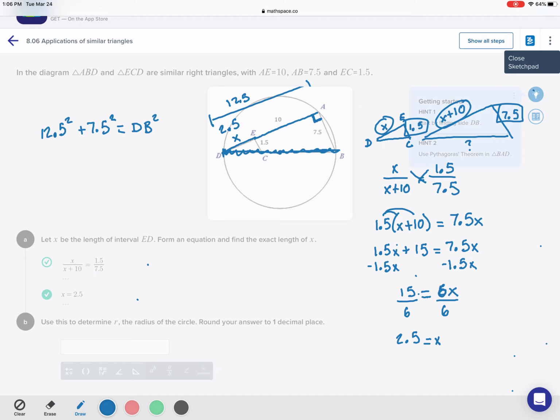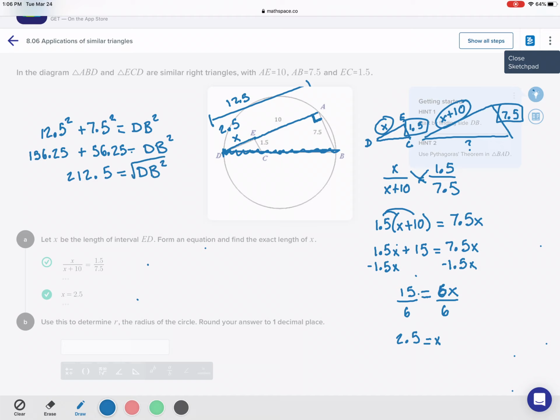Okay, using my calculator, 12.5 squared is 156.25 plus 7.5 squared is 56.25 equals DB squared. I'm going to add those together. Yep, 212.5.